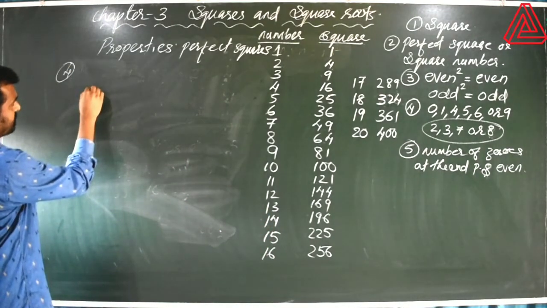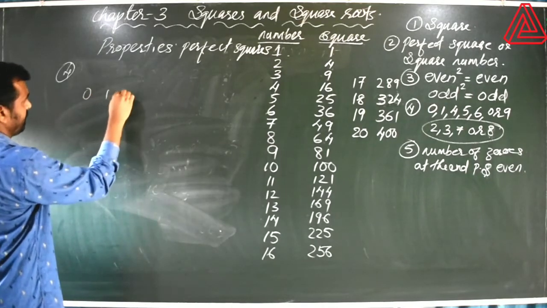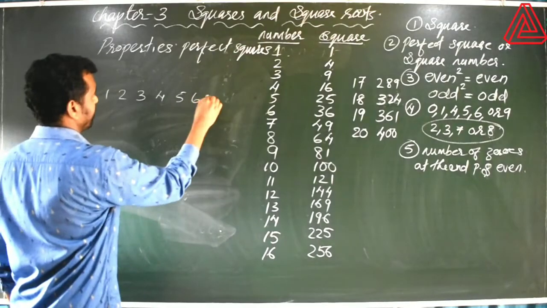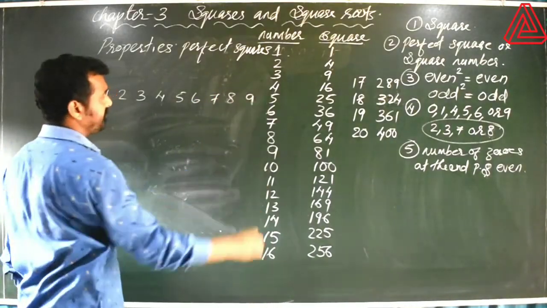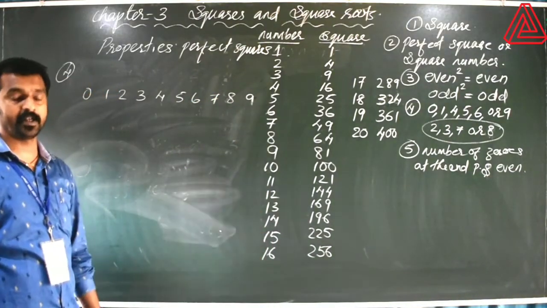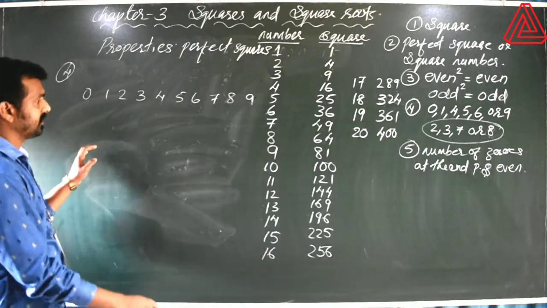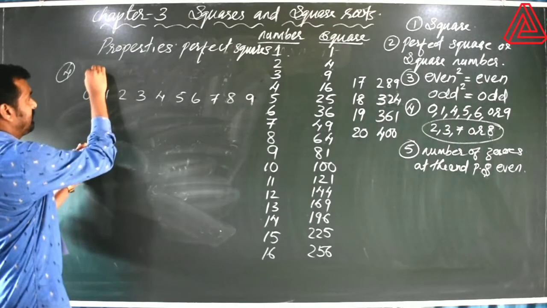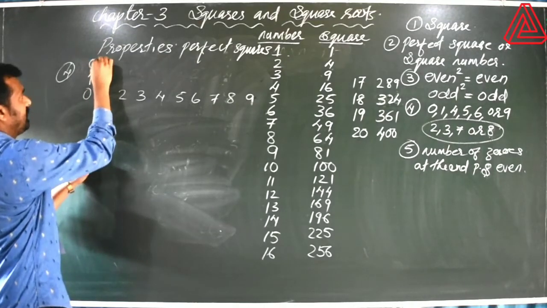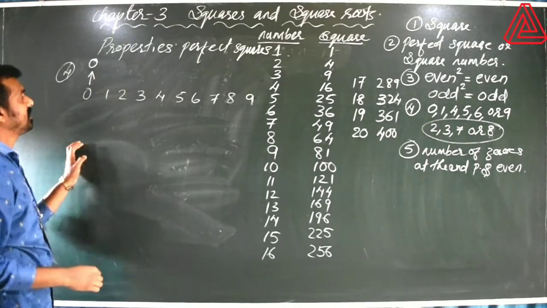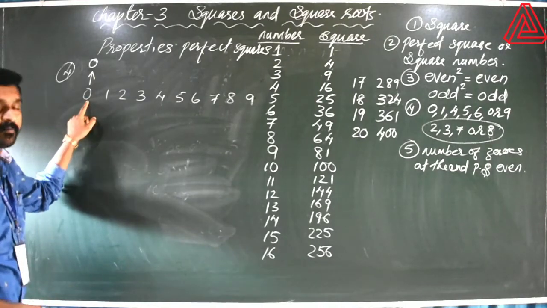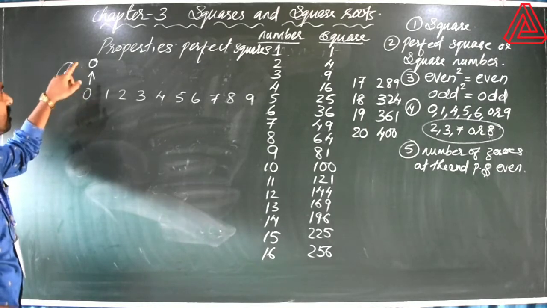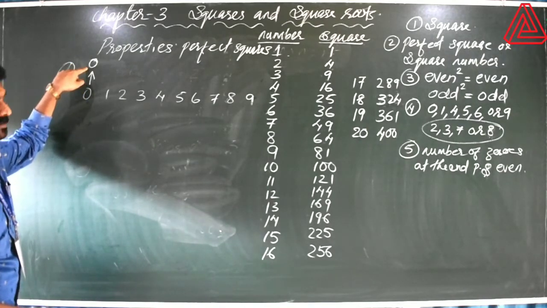The unit place of the square of a number can be determined if the unit place of the number is known. If the unit place of a number is 0, its square also will end with the digit 0.